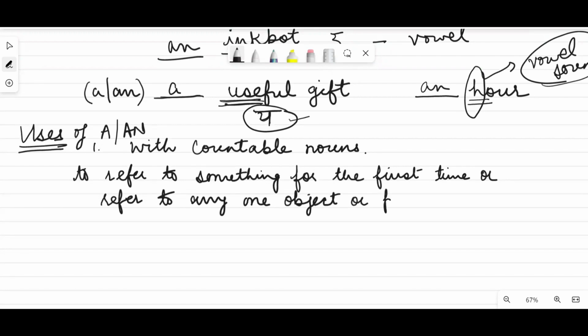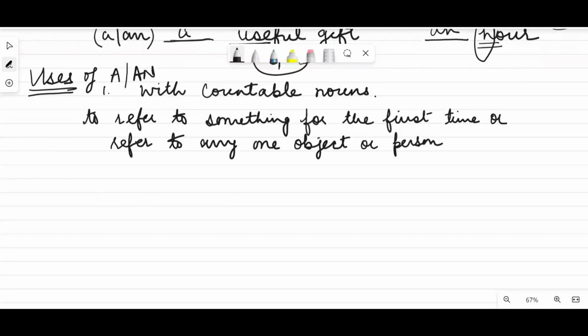When we refer to any one object or a person, or we refer to something for the first time, in that case we use a or an as article, right?